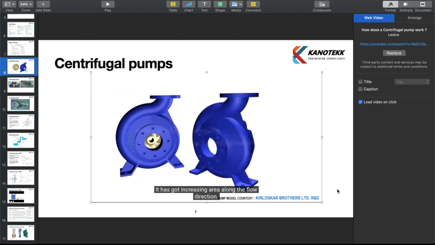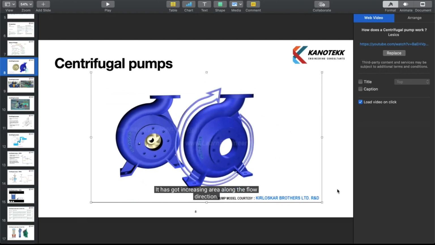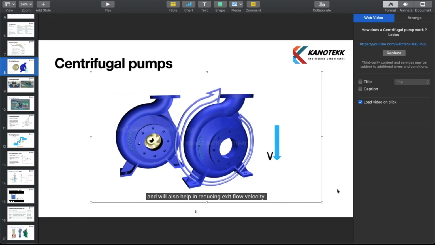It has increasing area along the flow direction. Such increasing area will help in accommodating the newly added water stream and will also help in reducing exit flow velocity. Reduction in flow velocity will result in an increase in static pressure, which is required to overcome the resistance of the pumping system.